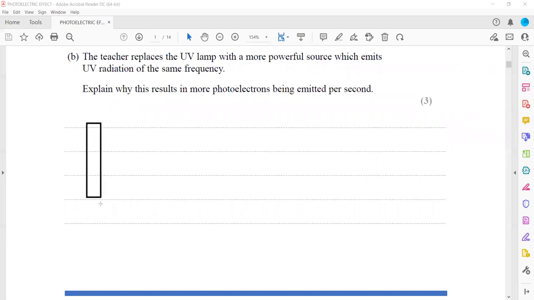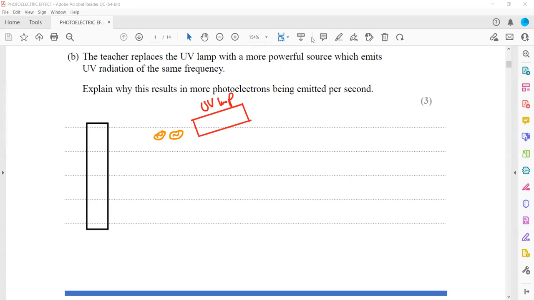So this is a metal surface. We are using the same frequency, which means we are using a source of the same photon energy, but it is more powerful. What does it mean? If this is a UV source or a UV lamp, say first it was emitting out two photons, for example.